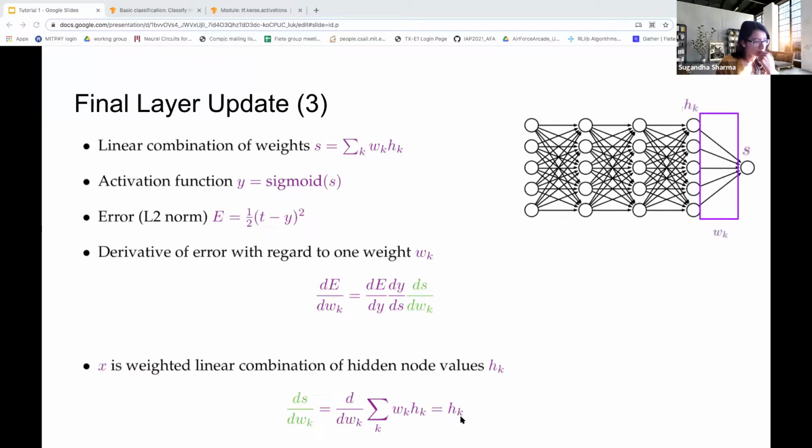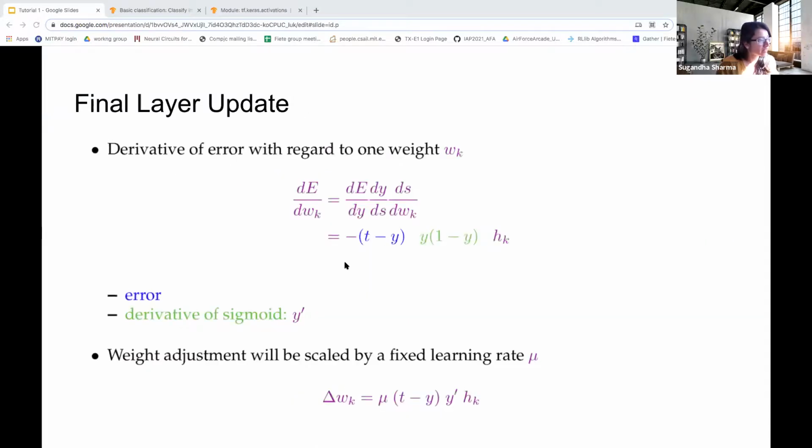So we get this term h_k here. And if we combine these three terms, we get this combined derivative. This is a gradient term which can be used to update the weights w_k in the last layer.